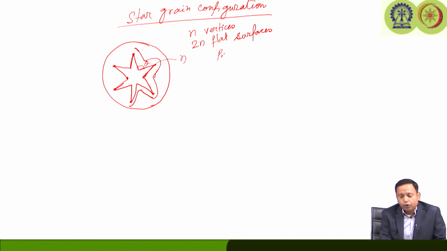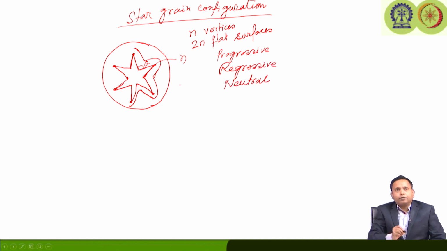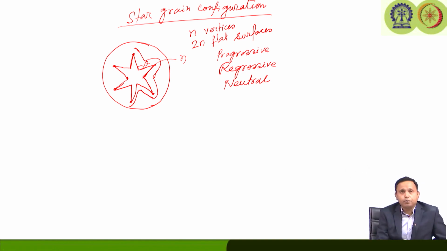either progressive, regressive or even neutral. So, the star shape configuration can have all three profiles, either progressive or regressive or even neutral, depending on the number of vertices and the angles subtended by their flat surfaces.